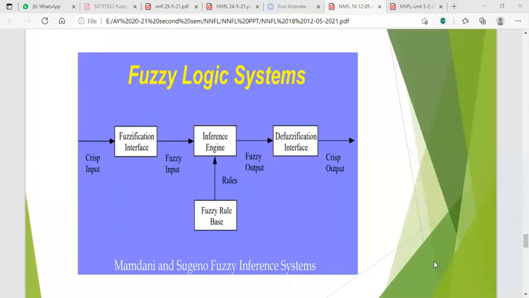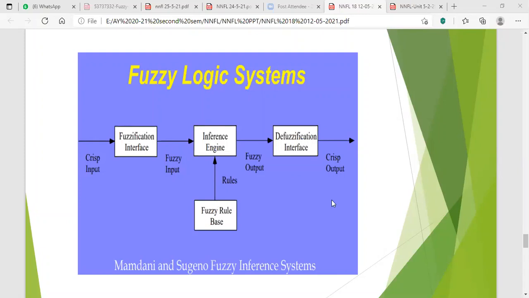Let me share it. In the fuzzy logic system, you have the fuzzification interface, inference engine, defuzzification interface, and fuzzy rule base. So totally you have 4 important parts in the fuzzy logic system.